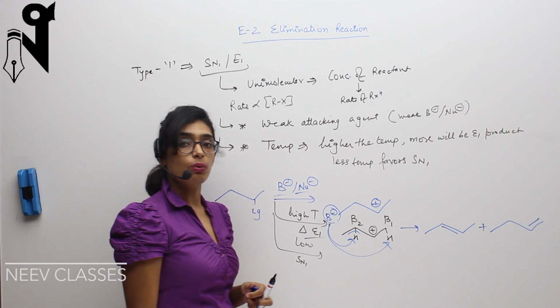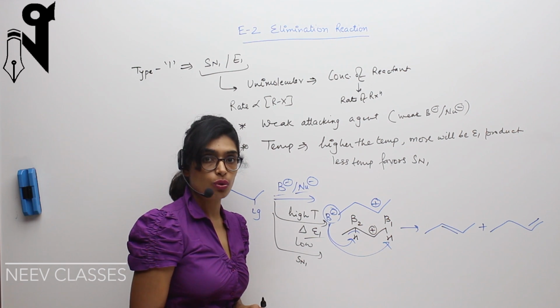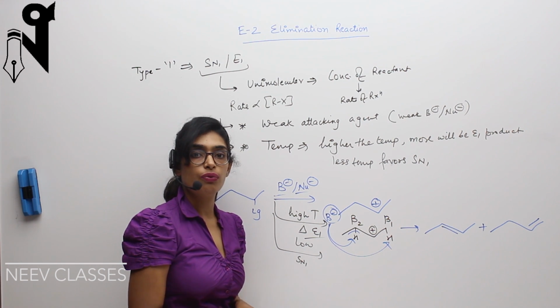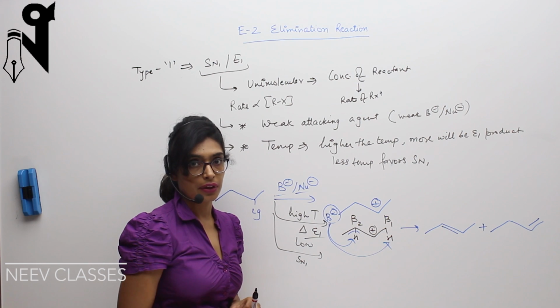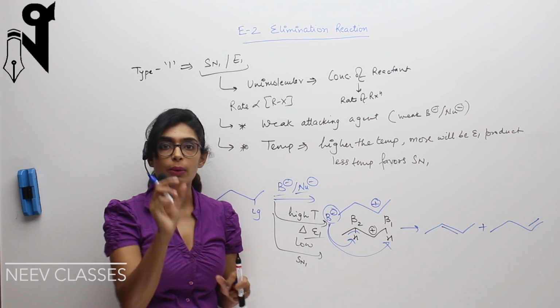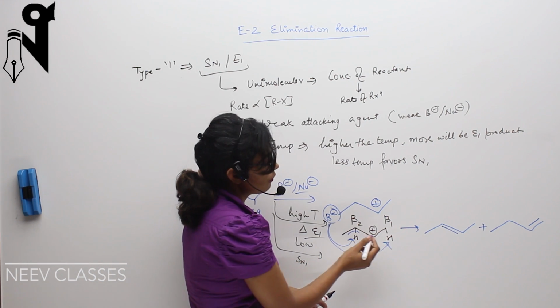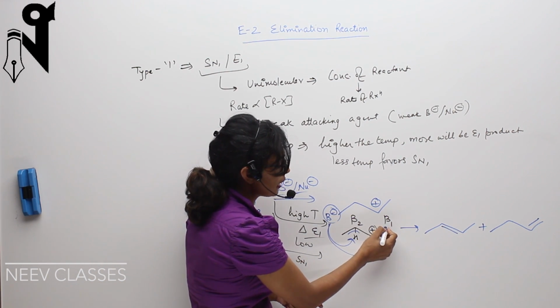Now we already know the Saytzeff rule. The Saytzeff rule means when a small base attacks the beta hydrogen, the alkene formed will be the more alkylated alkene. So here, which one is the more alkylated beta carbon?